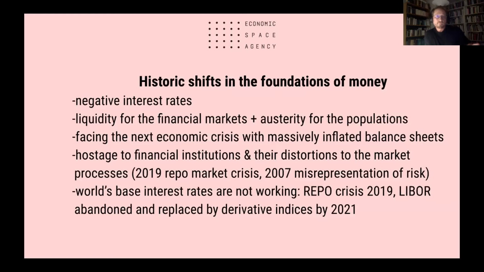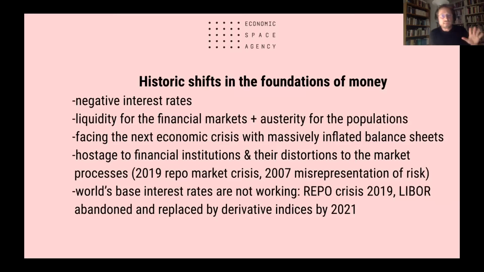So the next economic crisis will come, and they will be facing it with massively inflated balance sheets, and with no new strategy to deal with this crisis except for buying more assets to inflate the asset prices. This is Bernanke's new tools.